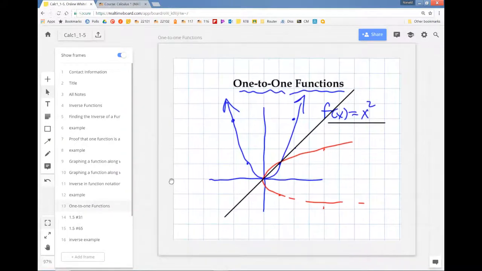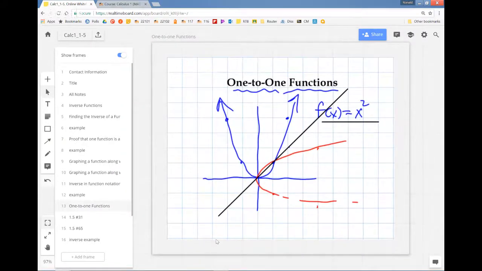So you're going to see the book will talk about one-to-one functions, okay? And this function here is not one-to-one. And the reason is the original x squared blue that you see here, if I inverse it, it's going to give you that red plus or minus the square root of x, which is not a function.